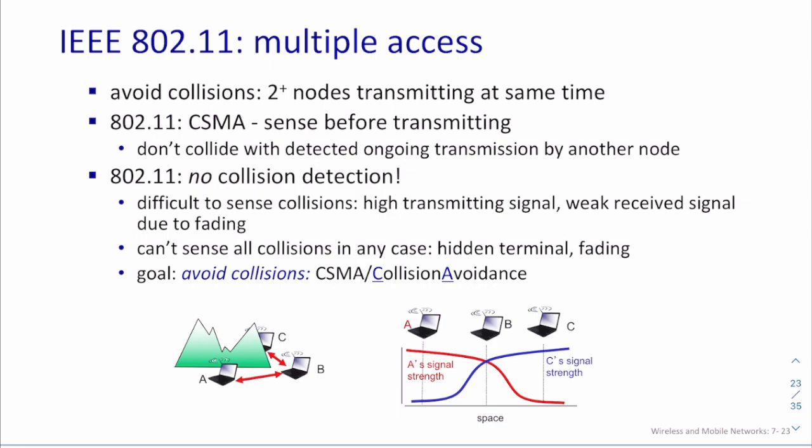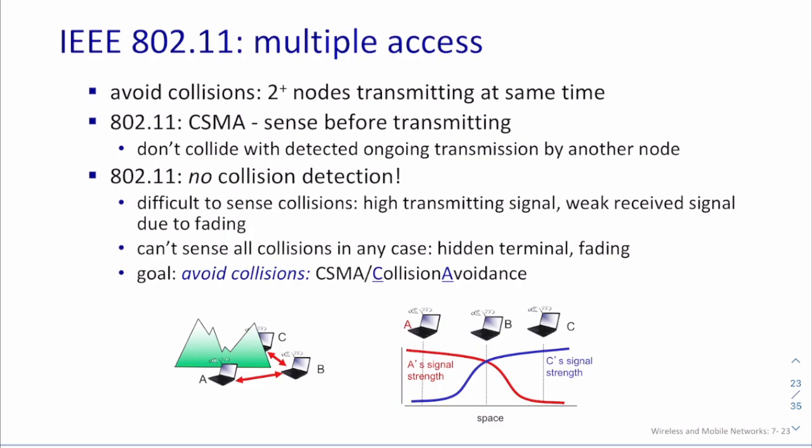Okay, that's a very critical problem. So in 802.11, collision detection may not be quite useful right here. It is difficult to sense collisions, it may be due to high transmission signal, weak received signals due to fading. They cannot sense all the collisions, in any case, for example hidden terminal problems, fading problems.